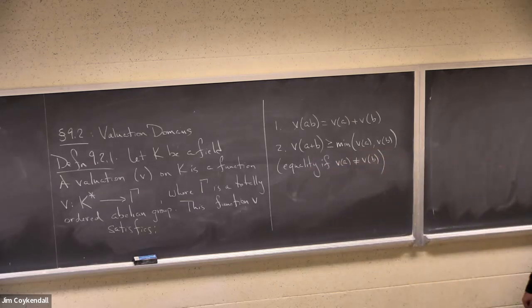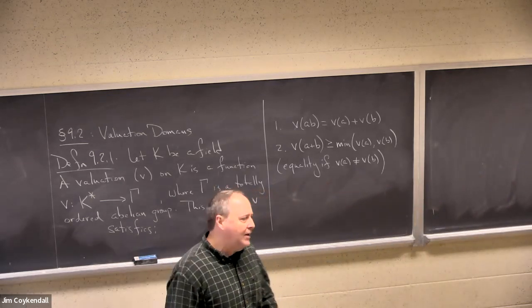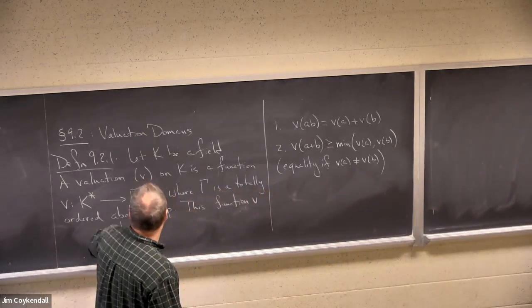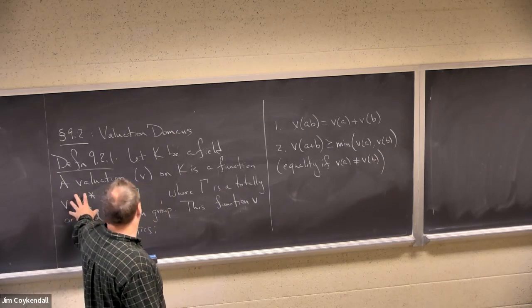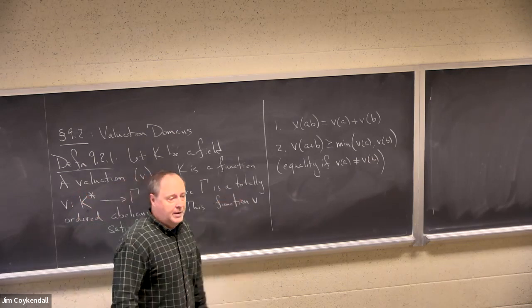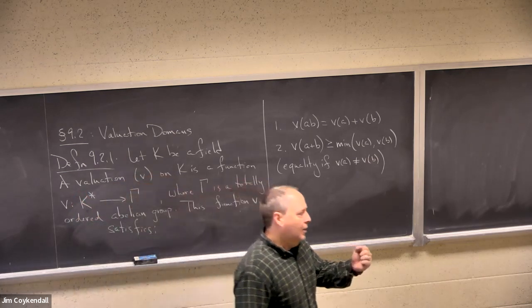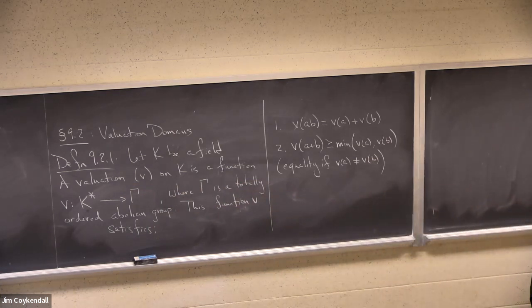So, I said something cryptic, I think, last time about this being a measure of size, and in a certain sense it is, because what you're doing is assigning each non-zero element of K an element of this totally ordered abelian group. And so it's a group, so it's got an additive structure, but it also means that you can compare things. You can completely compare things: any pair of elements in gamma, one of them is greater than the other.